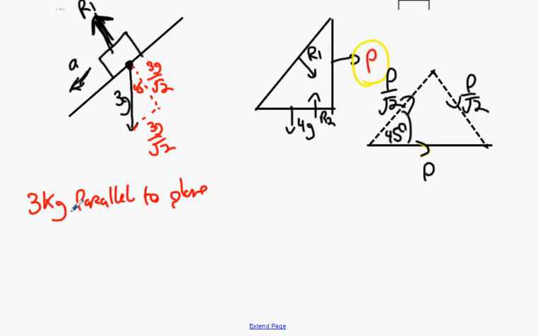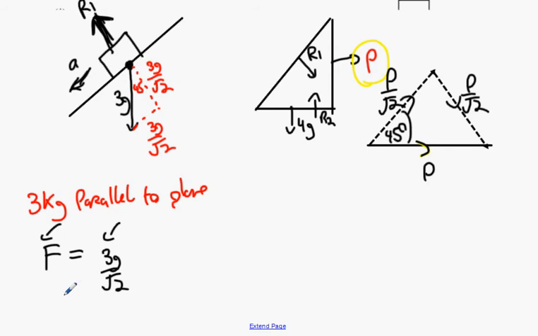So, when we're talking about the 3 kilogram particle down the wedge, we'll start off with force going diagonally left down. What else goes diagonally left down? Anything else? What force? 3g over root 2. The weight going downward is 3g over root 2.